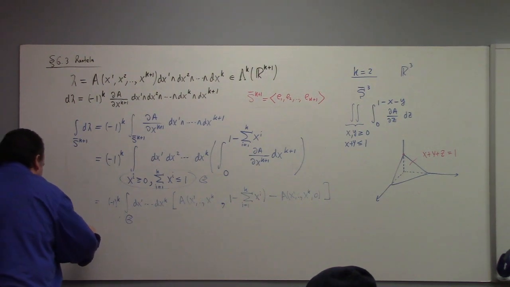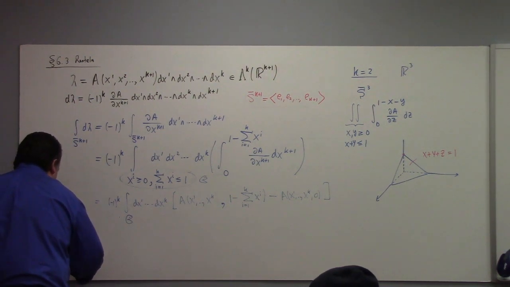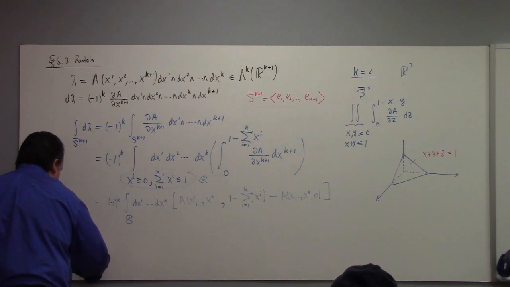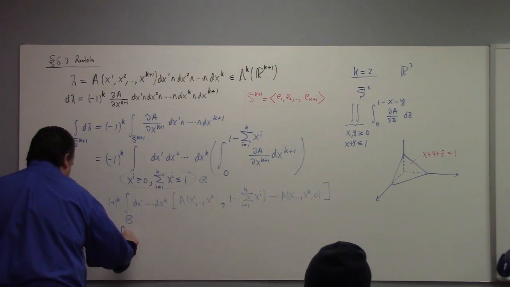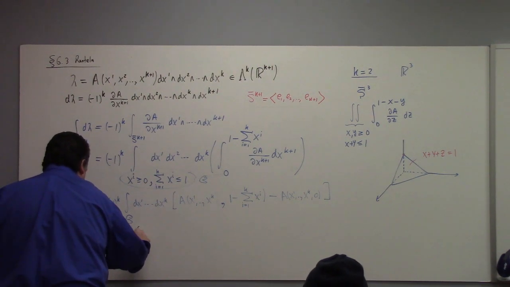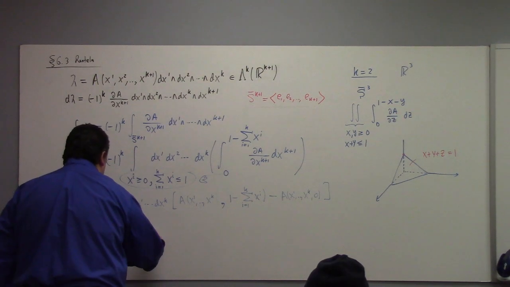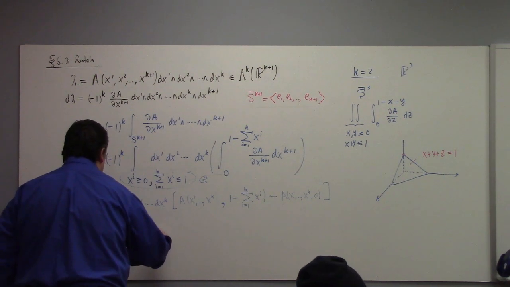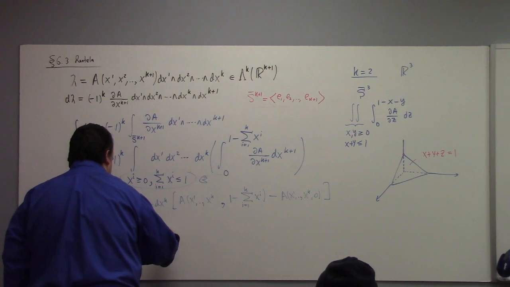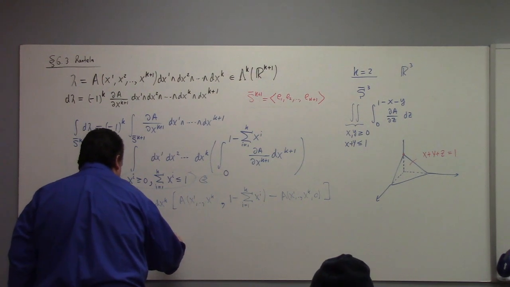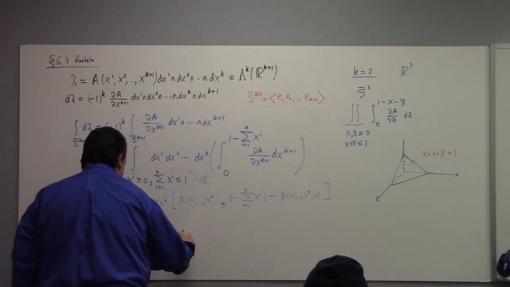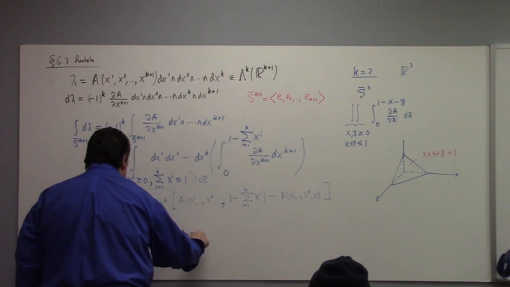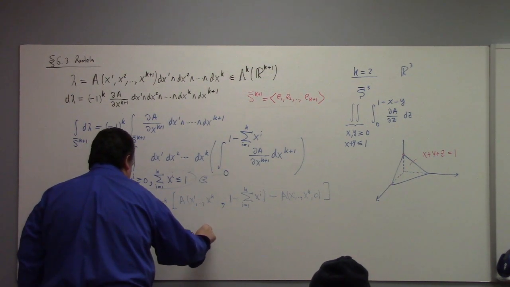So when you look at the integral over the boundary of s bar k plus 1 of lambda, right? You've got the integral, and you've got your a, and basically what's going on is you've got x1, and then let's say the jth one is equal to 0, and then x k plus 1.